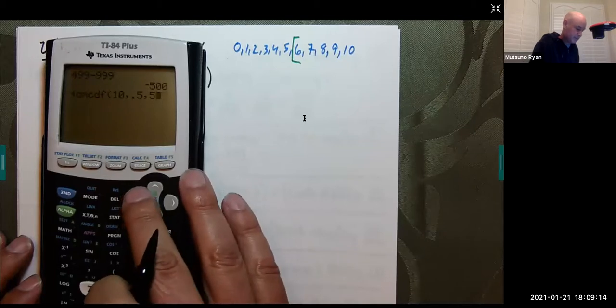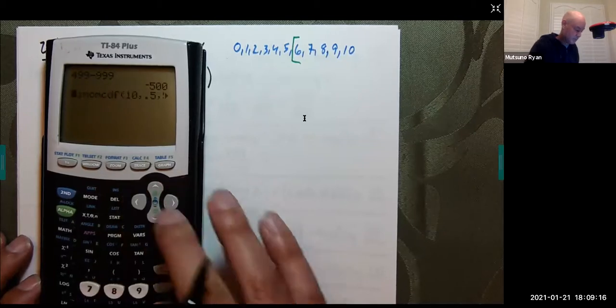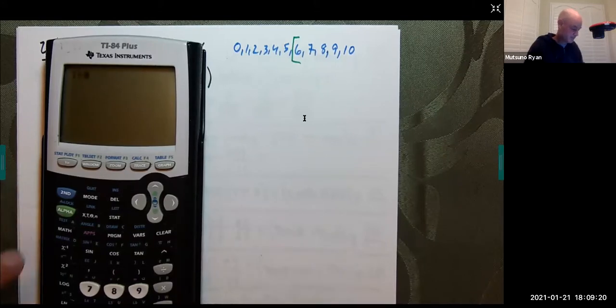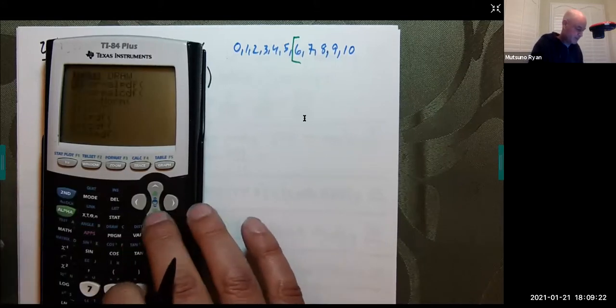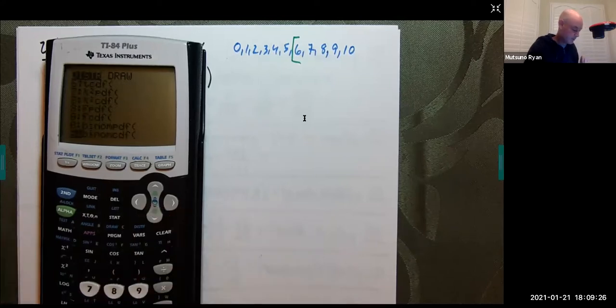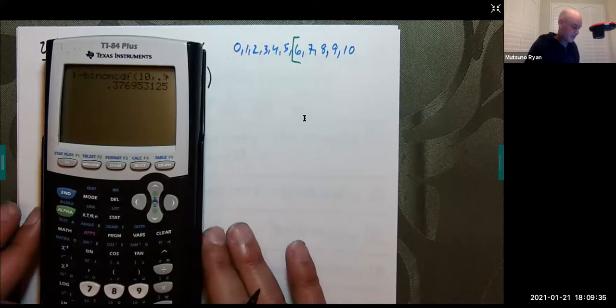I'm realizing I just forgot 1 minus. So let's clear that. So 1 minus, second distribution, binom CDF, we want the cumulative, 10, 0.5 and 5, paste. And so 1 minus that is going to give me my probability.